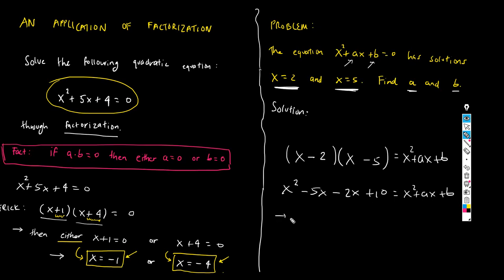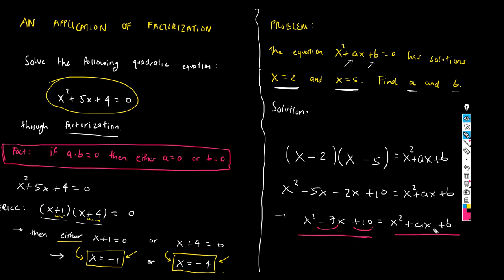And then let's simplify a little bit. You must have this, and then you must realize that if this should be equal to this, then we can clearly see that a must be minus 7 and that b must be plus 10 according to the form that these two trinomials have.